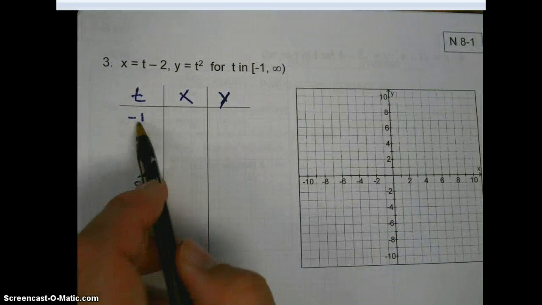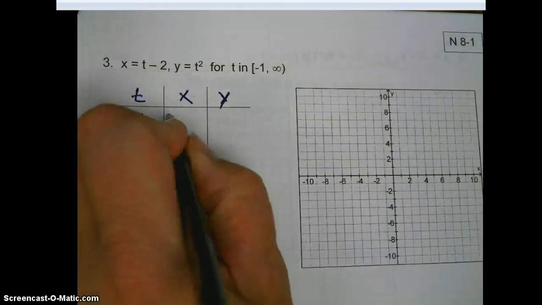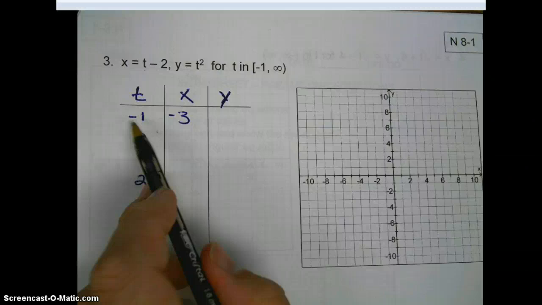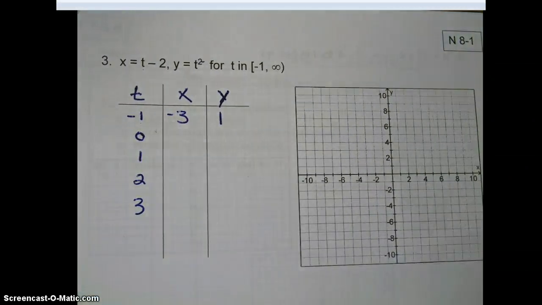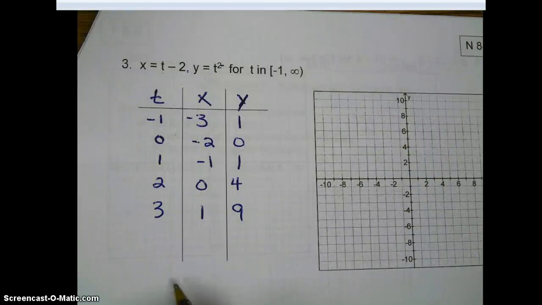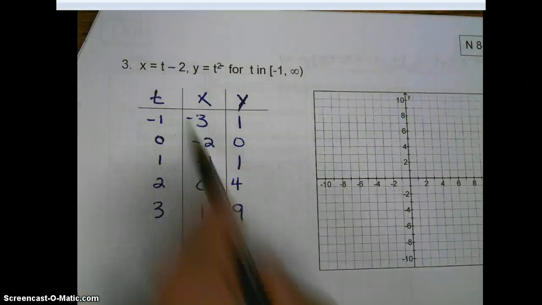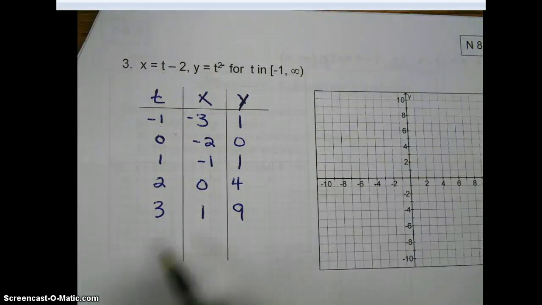So plugging -1 in, so -1 minus 2, -3. -1 squared is 1. Okay, so let's plug the rest of them in. Okay, and finally, when t is 3, 3 minus 2 is 1, 3 squared is 9, and we could keep going and going and going.